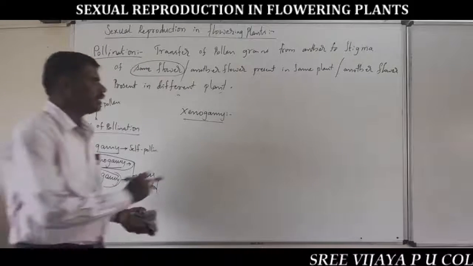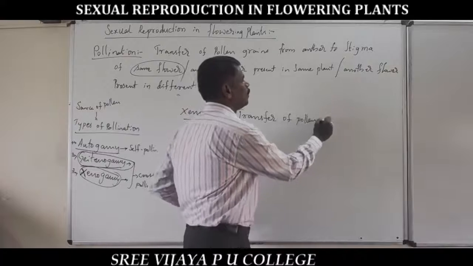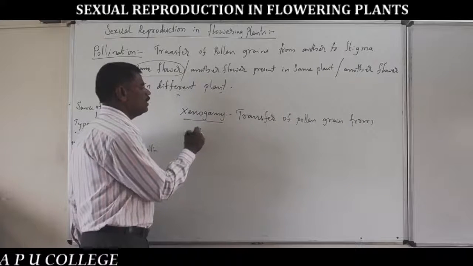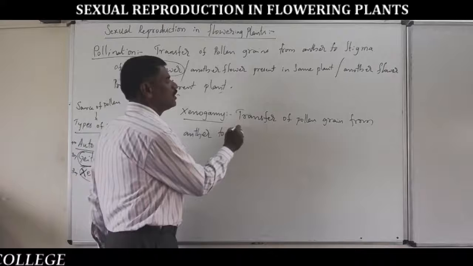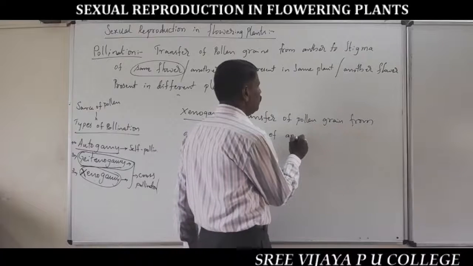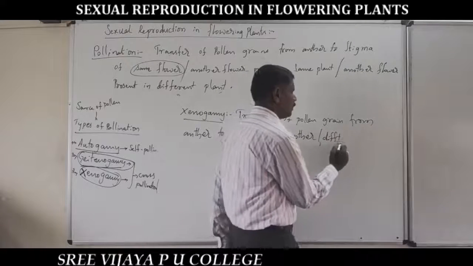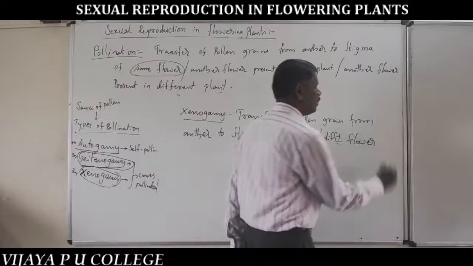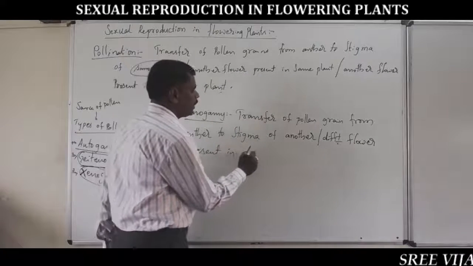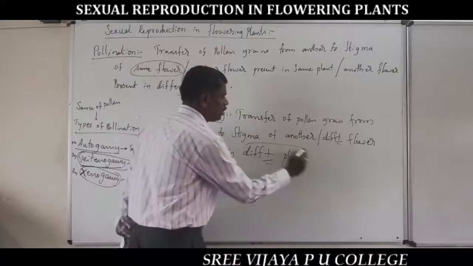Xenogamy is the transfer of pollen grain from the anther to the stigma of another or different flower present in a different plant. So it's very important.